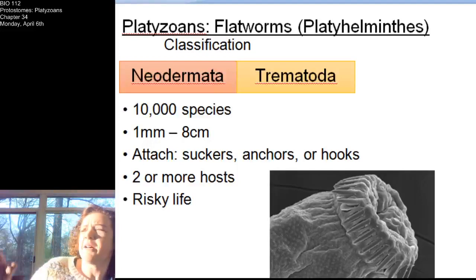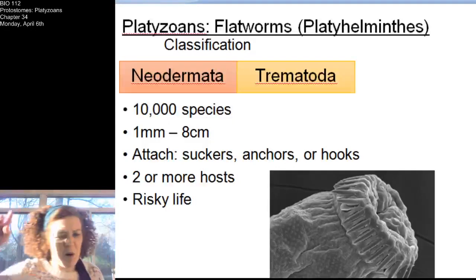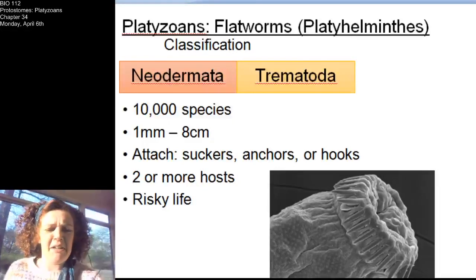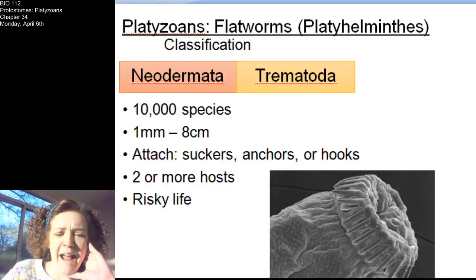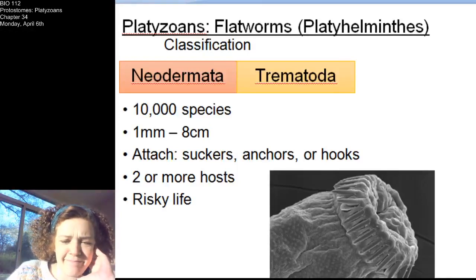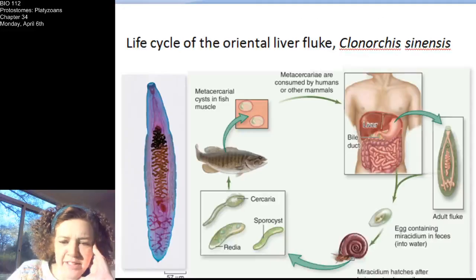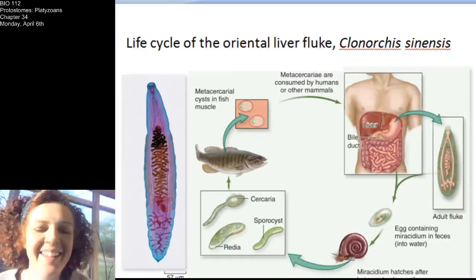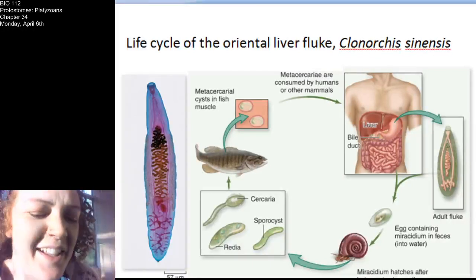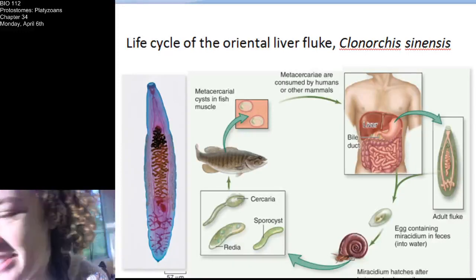Let me finish. I feel like I'm getting sunburned right now. All right, you know what? We're gonna move. You win, son. Let's go in here and talk about flukes. Never thought I'd say that.